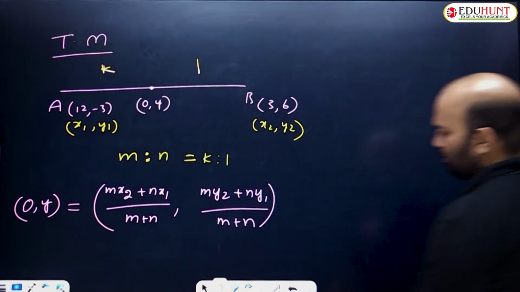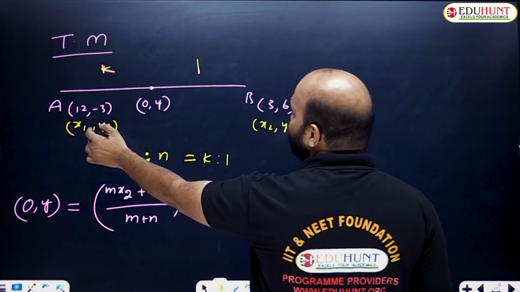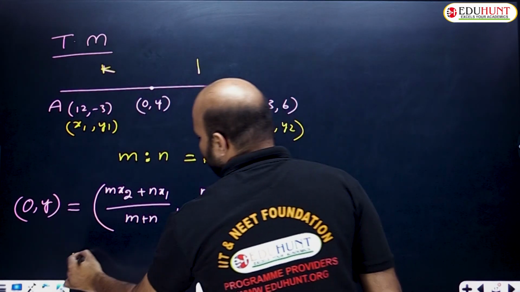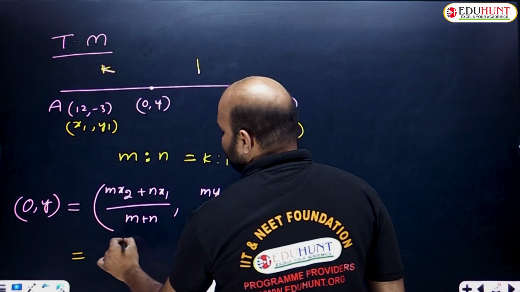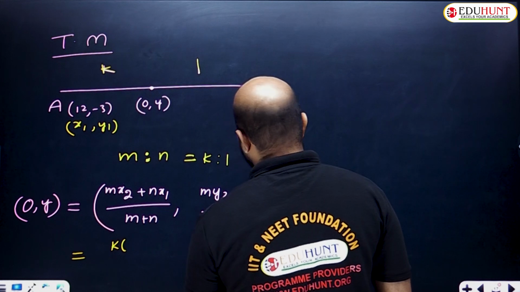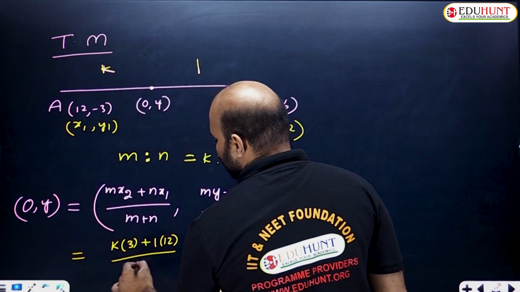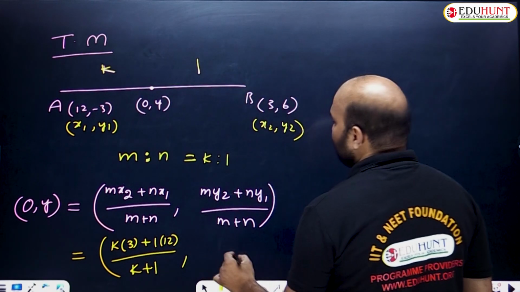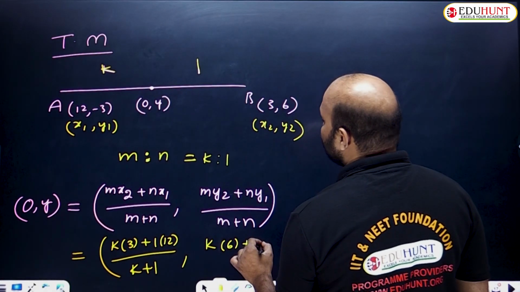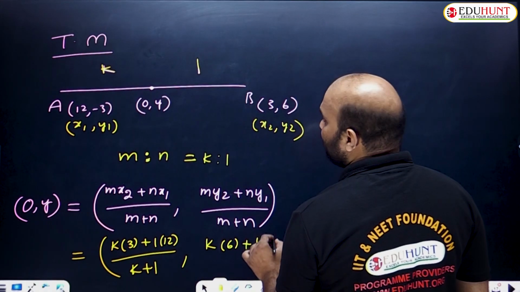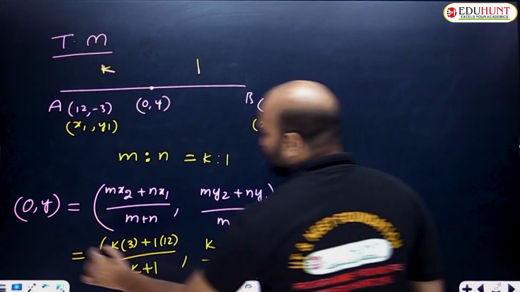Putting m is to n, and the A and B coordinates in that equation, we get: m value is k into x2, x2 value is 3, so k into 3 plus n value 1 into x1, 12, whole by m plus n, nothing but k plus 1, comma k into y2, 6, plus 1 into y1, minus 3, whole by k plus 1, equals 0 comma y.